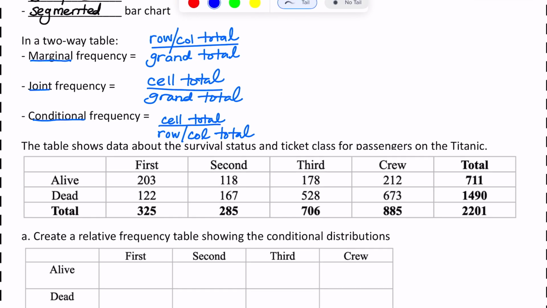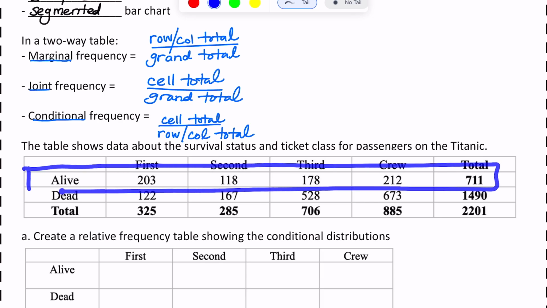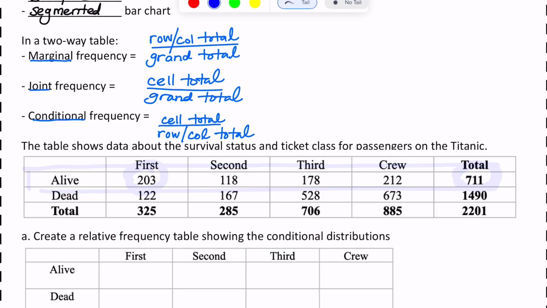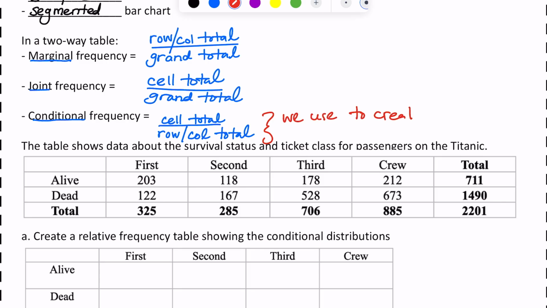So, for example, let's say I want to look at just the alive group and take 203 and divide it by 711. That would be a conditional frequency. My condition is that the passenger was alive. That's why we call it conditional. So we have a cell total divided by a row total. This last one is really important because this is the one that we use to create our graphs.